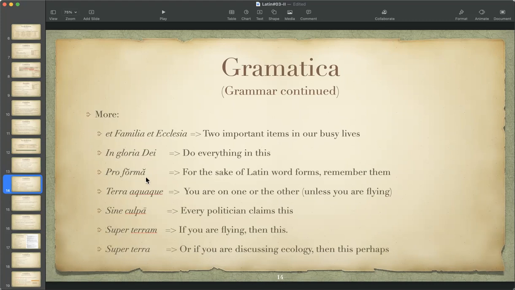For the sake of Latin word forms, remember them. Pro forma. Actually, it's a short O, so it should be pro forma. There we go. For the sake of form.